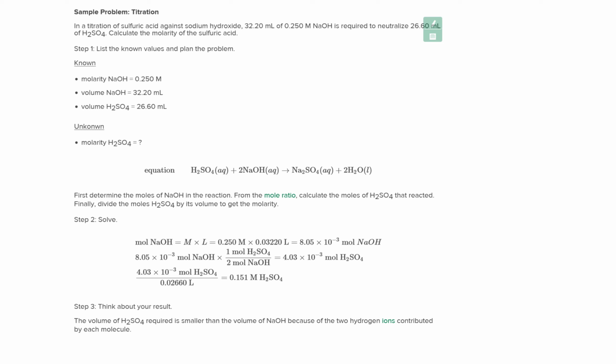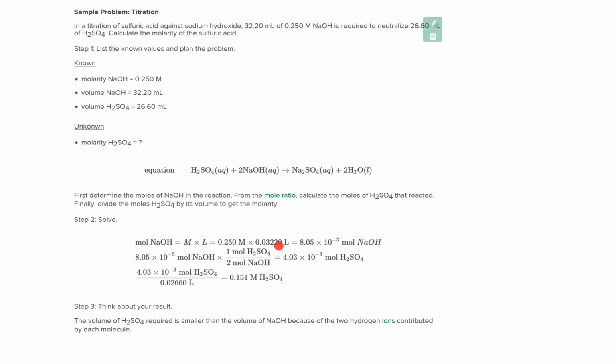So what we're going to do is look at the equation, and we're going to need that. First, determine the moles of NaOH in the reaction. We know that it is 0.25 molarity, so we're going to take that 0.25 and multiply it by the number of liters, the 32.2.